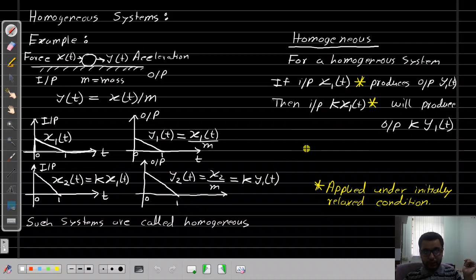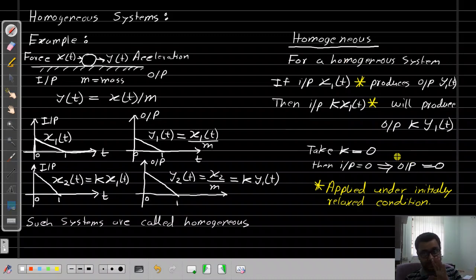And as a special case, if you take k equal to 0, then input is 0, kx1 is 0, that will produce output also equal to 0. So for homogeneous systems, if input is 0, output is also 0.